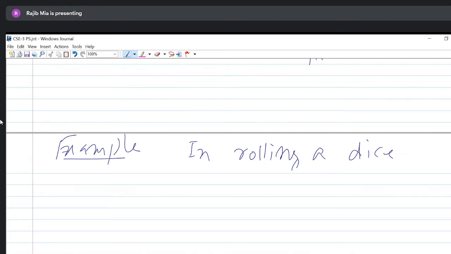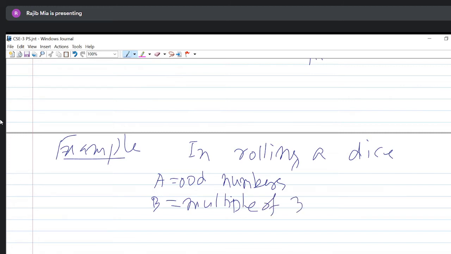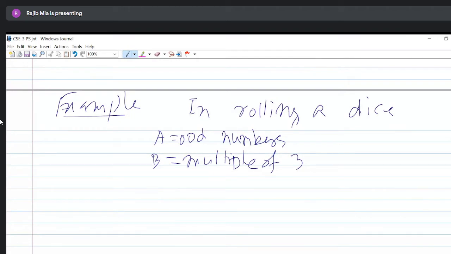If you define A is odd numbers, and B is multiple of 3. Then in this case, A and B are independent or not? Can you check?